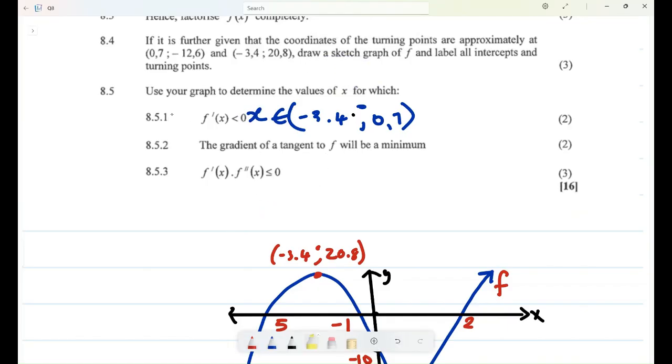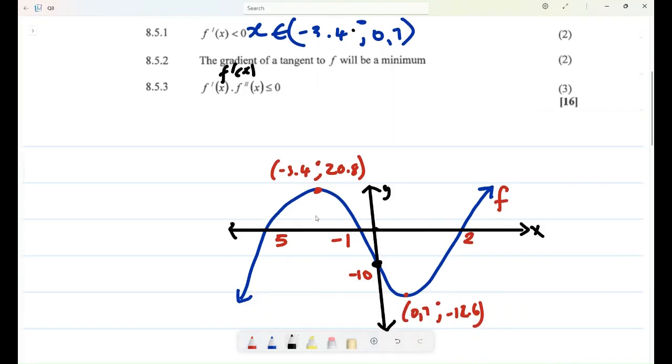Now, use the graph to determine the values of x for which the gradient of a tangent will be a minimum. So where will our first derivative be a minimum?